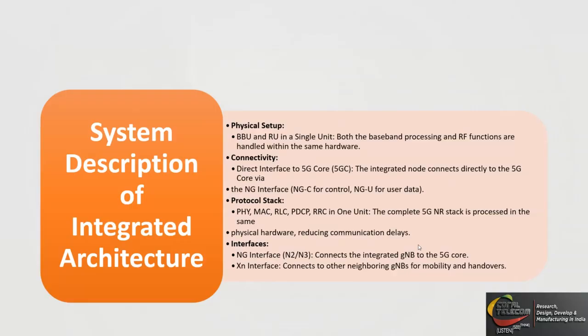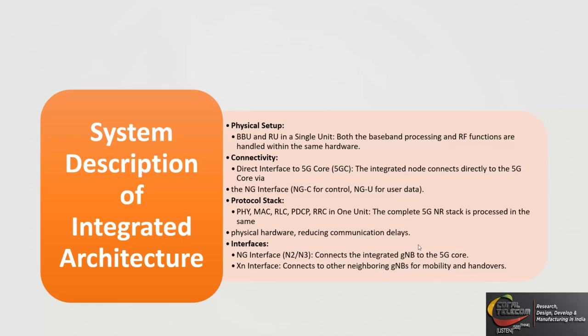So here is the system description of the integrated architecture, where all your CU, DU, and RU are combined into a single unit and become an integrated 5G RAN. The physical setup has the BBU and RU in a single unit. Whatever we discussed in the previous slide, like the baseband unit and the radio frequency signal unit, come into a single unit in an integrated architecture.